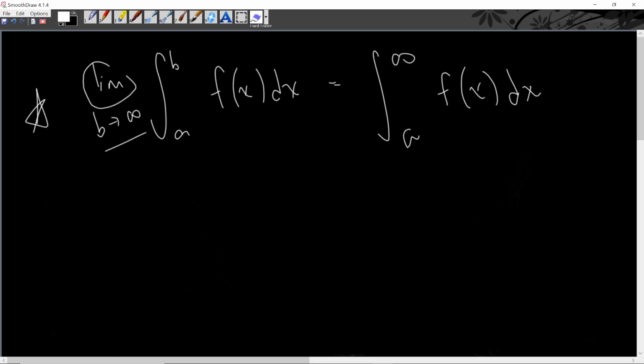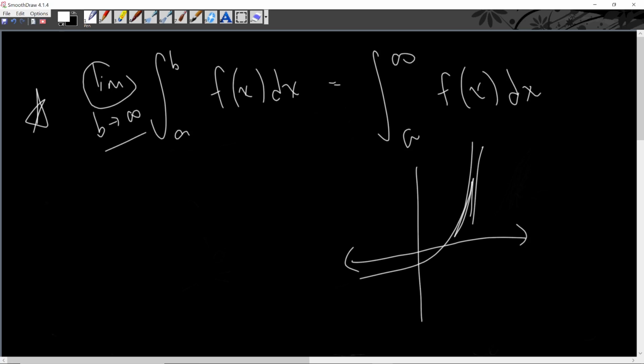Let's do a function that you've probably seen before. If you have this area where x will just continue going onwards to infinity, you'll have to set infinity to some value.